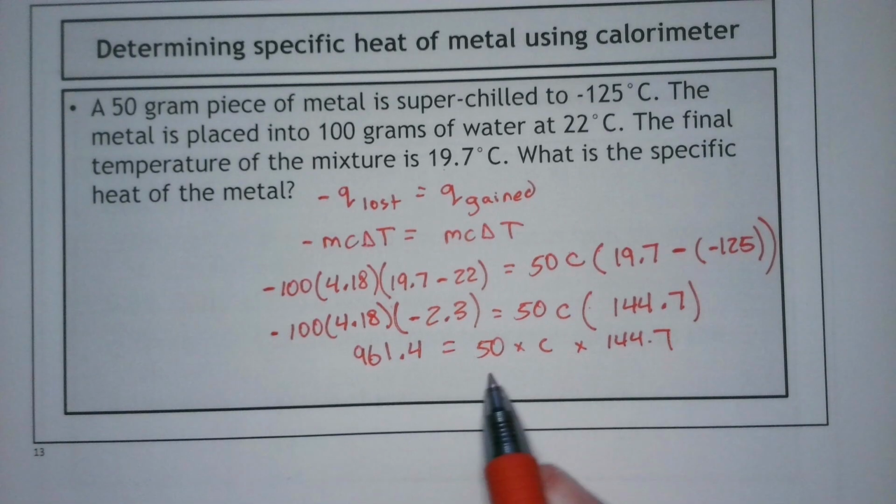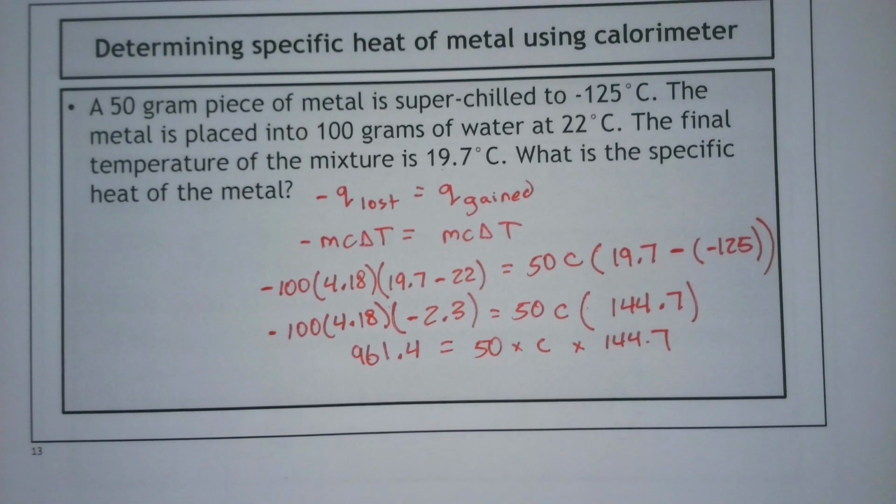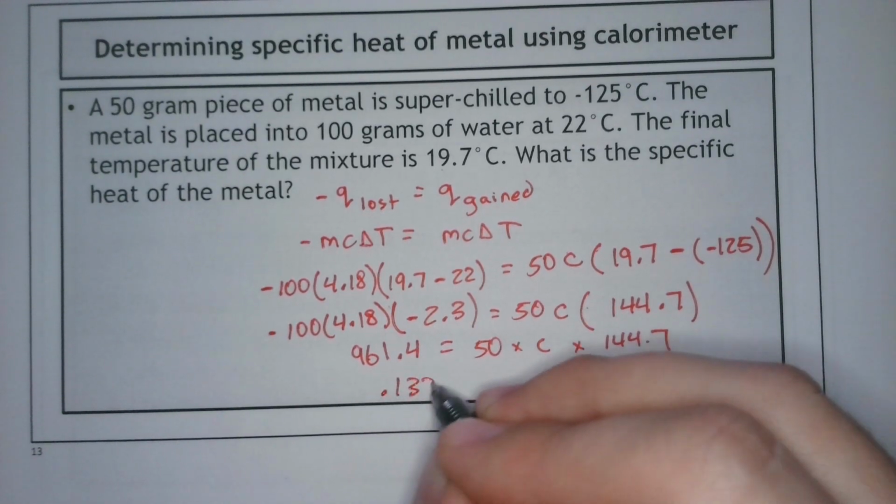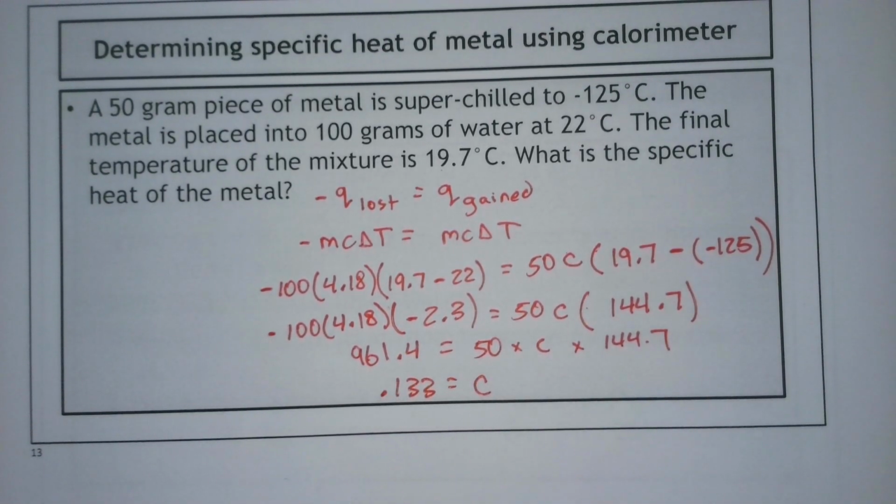Then I'm just going to divide by each of those numbers. Divide by 50, divide by 144.7. My specific heat is 0.133, which is a good area. Most metals have a specific heat that's like a decimal like this. So decimals is usually about what you're looking for. If you got something like 30, that means something probably went wrong.